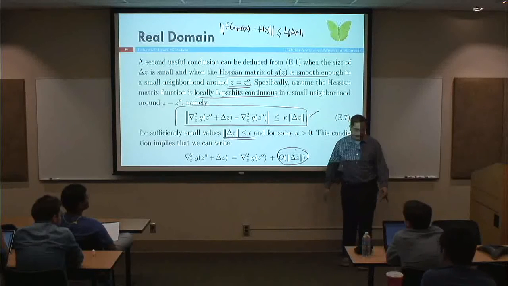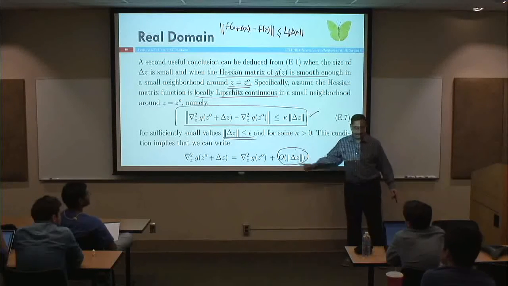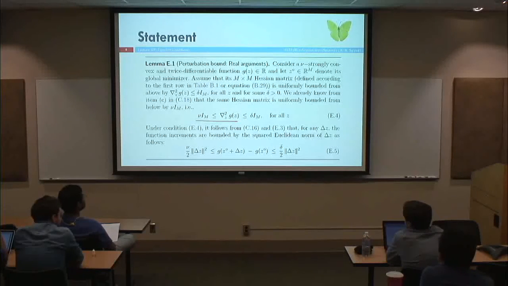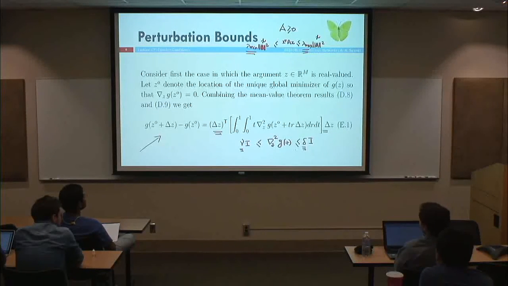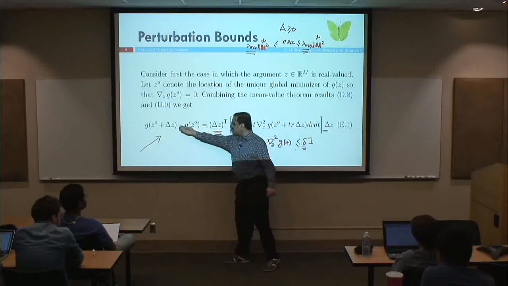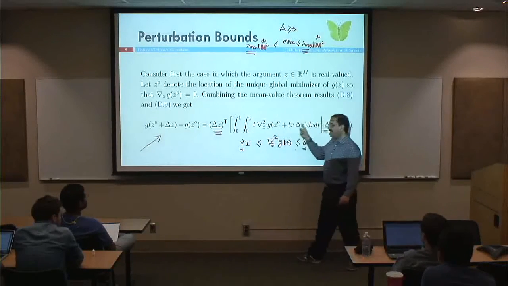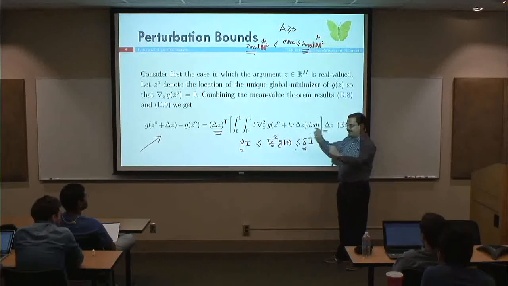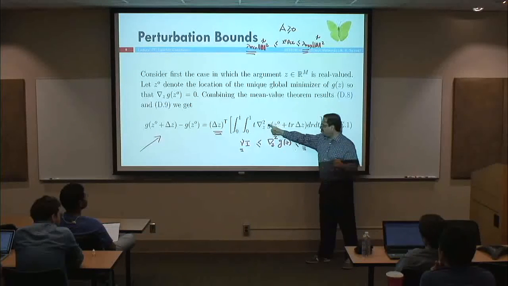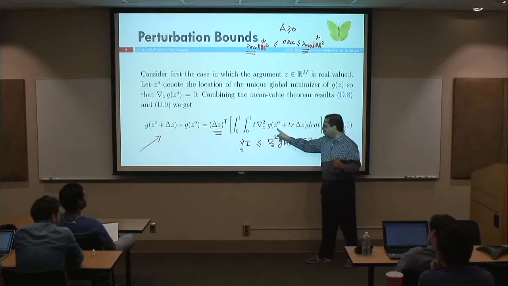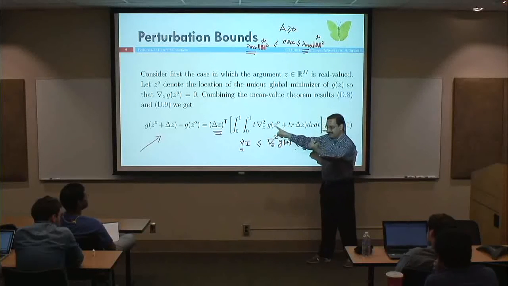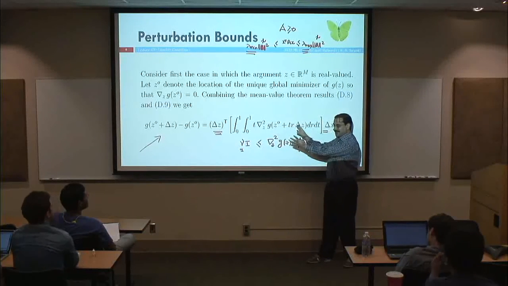Now, if this is the case, remember what I showed in the previous lemma? I showed that the increment involves an integral of the Hessian, right? But right now I showed you that if the Hessian is smooth enough, the Hessian at this small update around Z0 I can relate to the Hessian at Z0 itself plus a small error.